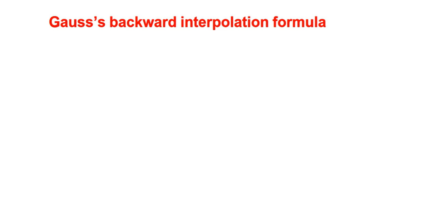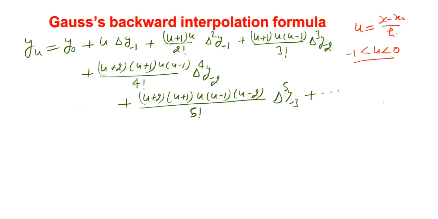When we apply the Gauss backward interpolation formula, compute the value of u is equal to x minus x naught upon h, and when u lies between -1 and 0, then Gauss backward interpolation formula is applicable, and the formula is y of u is equal to y0 plus u del y minus 1 plus u plus 1 u upon 2 factorial del 2 y minus 1 plus u plus 1 u minus 1 upon 3 factorial del cube of y minus 2 plus u plus 2 u plus 1 u minus 1 upon 4 factorial del 4 y minus 2 plus u plus 2 u plus 1 u minus 1 u minus 2 upon 5 factorial del 5 of y minus 3 plus and so on.